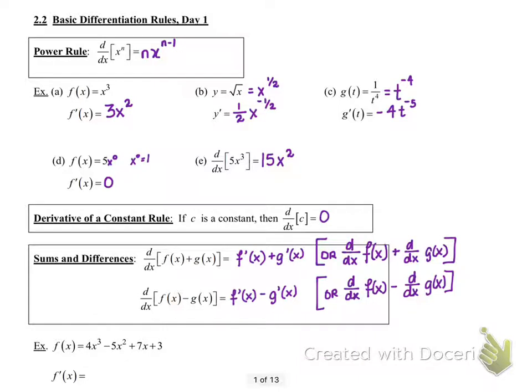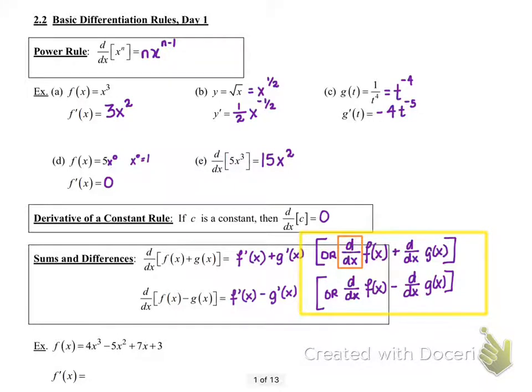But on this second bit over here, it is stated very clearly that you are taking the derivative with respect to x. That's what that piece means, the derivative with respect to x.